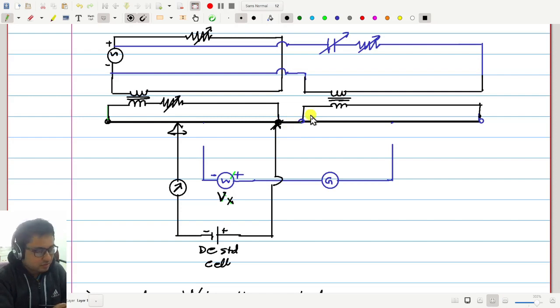Can you, sir, explain what was the need of using a transformer over here once again? That was because when I was shorting this end, if I connect these sources directly, then this loop and this loop are not isolated. The moment I connect it, there may be current through it because there is another path.